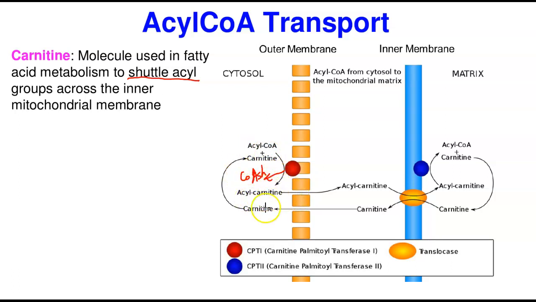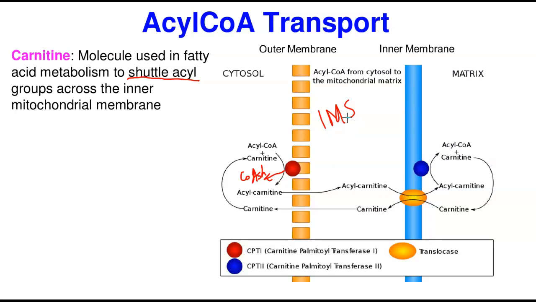What happened? The acyl-carnitine intermediate can now get through the outer mitochondrial membrane and get into the intermembrane space. Remember the structure. Let me use a shortcut.